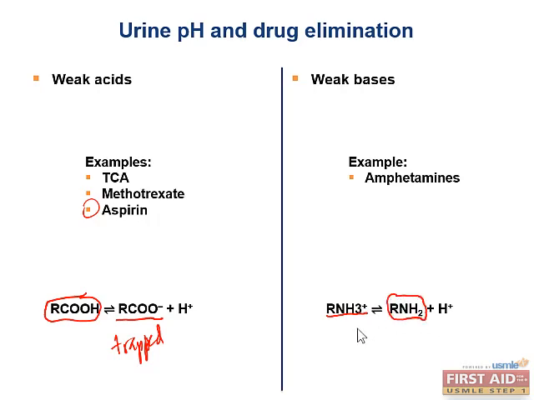It can be trapped in its ionized form, which will eventually be trapped in the urine and eliminated from the body. So here, the bases are lipid soluble in weak base form. So if you give ammonium chloride, it's going to be used to treat an overdose with a weak base, because this will create the ionized form and become trapped.